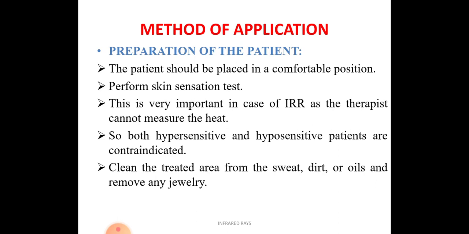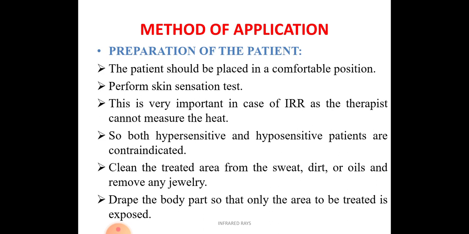What we should do: first of all, whatever treatment area you have decided, clean that area. That area should be free from sweat, dirt or oil. Clear? And it is not advisable to wear any jewelry whenever you are taking infrared rays. Now, whatever areas are not to be treated should be covered with cloth or bed sheet.